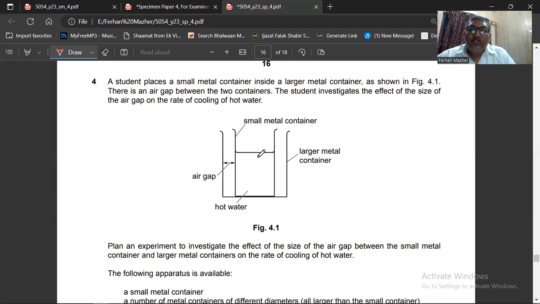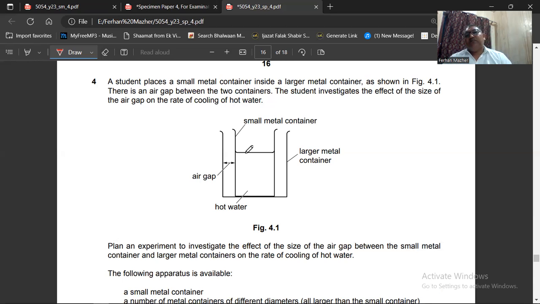Pour that into the small container, put a thermometer in it and wait. For example, the water is 88 degrees centigrade, and let it come down. When the temperature is 70, start the stopwatch and note down how much time it takes to cool down to 60 degrees centigrade. So the temperature drop is from 70 to 60, and on the stopwatch you have noted how much time it takes.